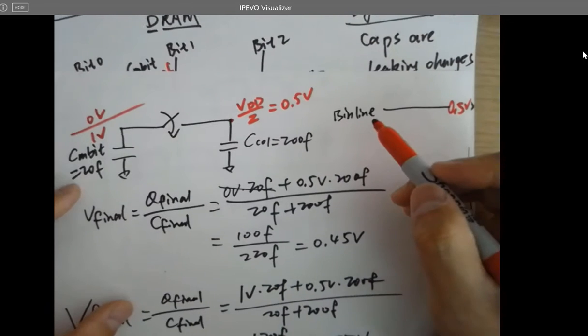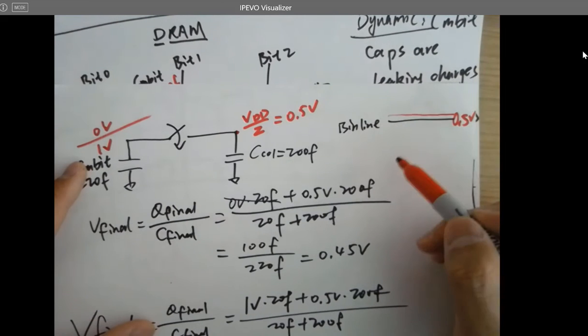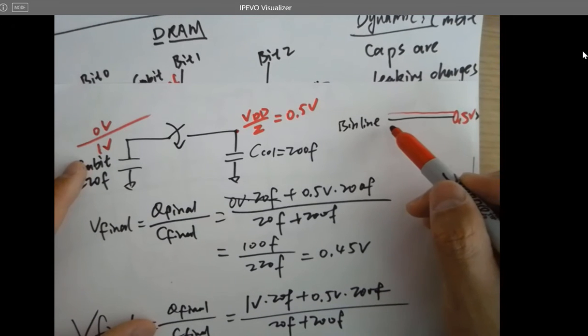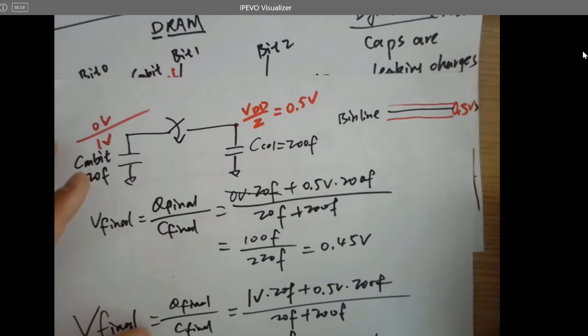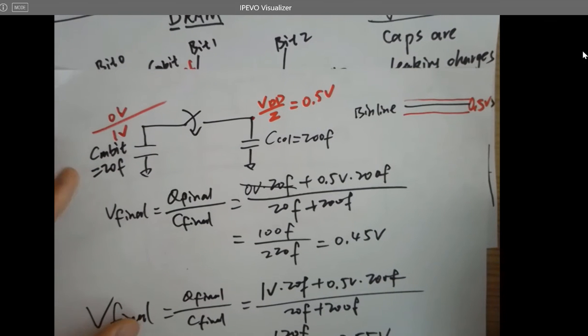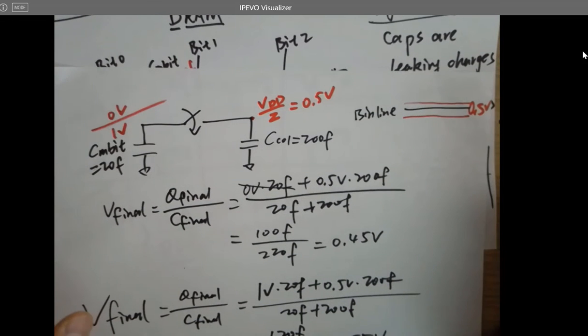If the data is 1, eventually it becomes 0.55. If the data is 0, it becomes 0.45. So you have a difference. Keep in mind, in binary, you just need two states. You just need to tell.